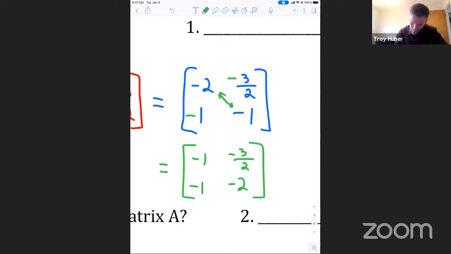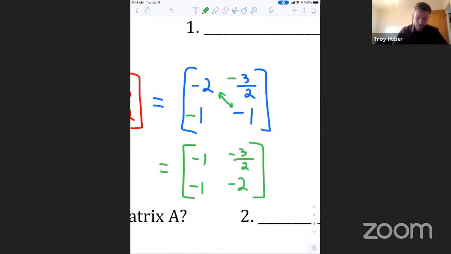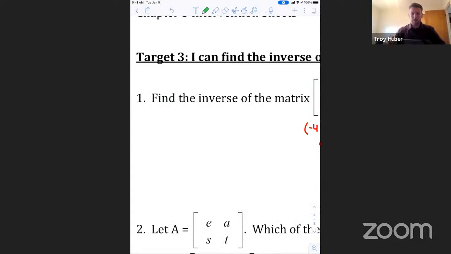All right, so if we were kind of writing a formula for this, and I'll change my screen back to the right way, maybe. Maybe not. Come on.